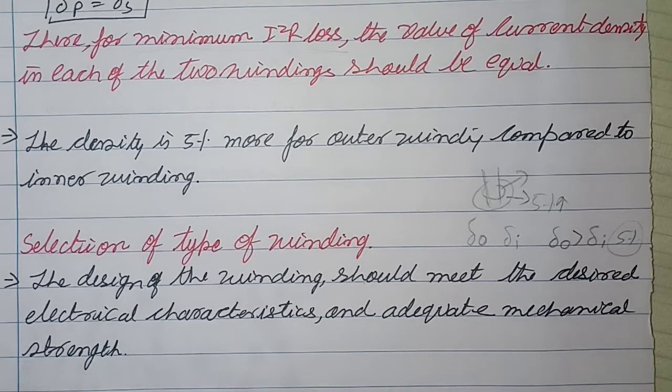In the same way here, in the design, we should take care of both the electrical characteristics and also the mechanical characteristics. Here the mechanical is nothing but the stress. So whenever mechanical forces act on the conductors, they should be able to withstand those also, along with the basic requirement of meeting the electrical characteristics.